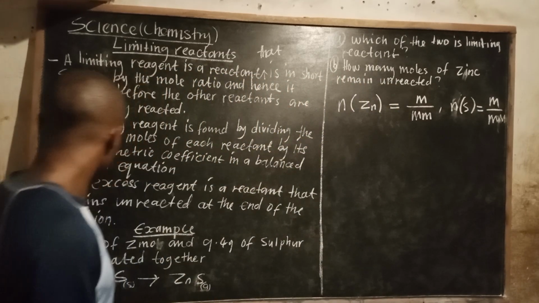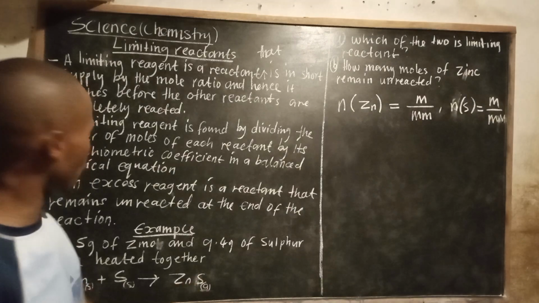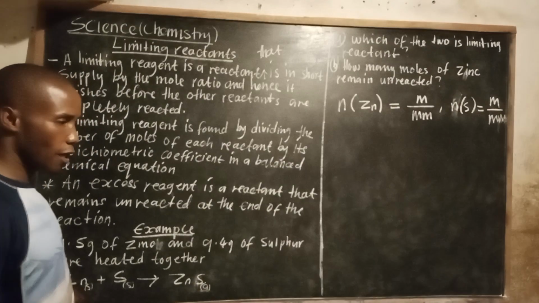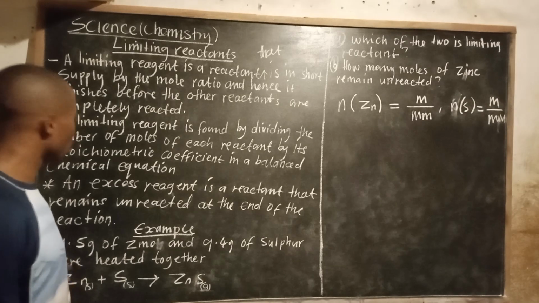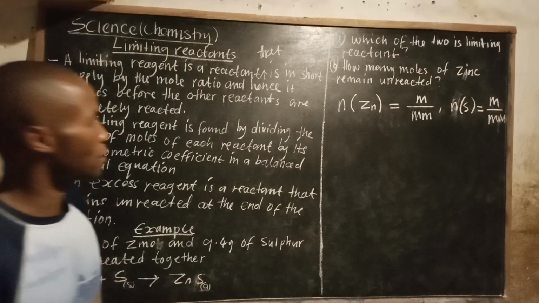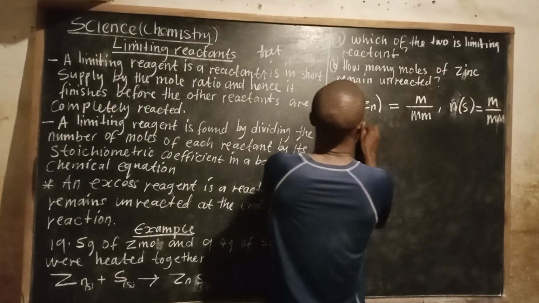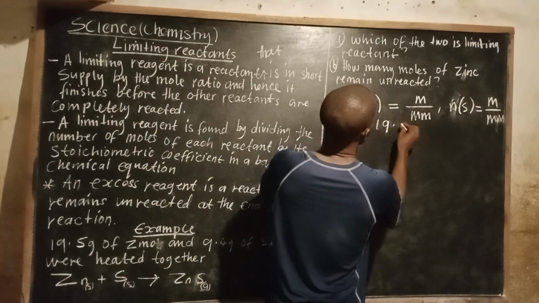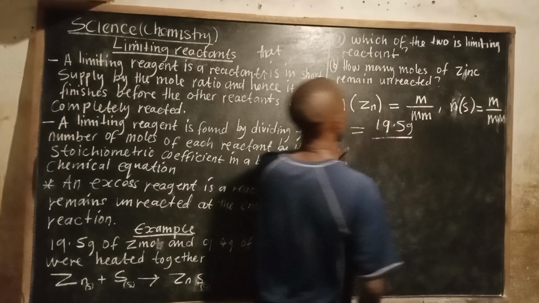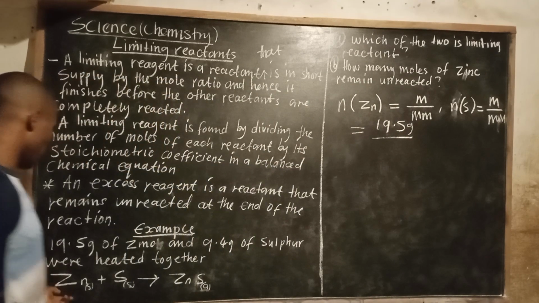So now from there, we are going to substitute according to what we have. So for zinc, we have 19.5 grams as the mass. So on top there, we are going to put 19.5 grams over. What is the molar mass of zinc?